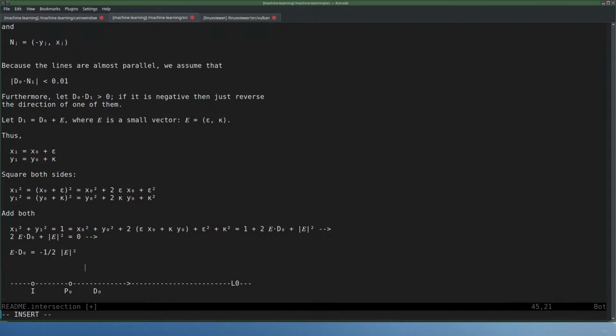I'm gonna have a P1 up here. And you have to imagine a line through I and P1. So this is P1. And then to make it even worse, that line is said to be almost parallel to this line.